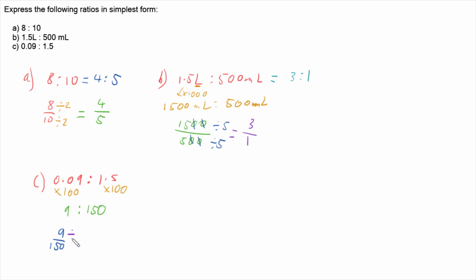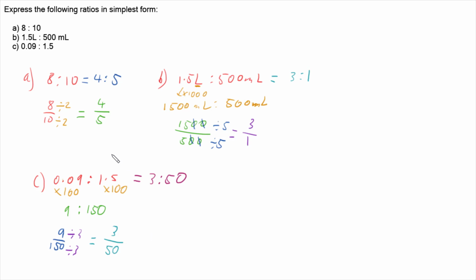So let's divide by 3. So we divide both of these by 3, and that gives us the fraction 9 divided by 3 is 3, over 150 divided by 3 is 50. And so now if I go and write my answer, that means I've got the ratio 3 is to 50. And that's it. We are done.